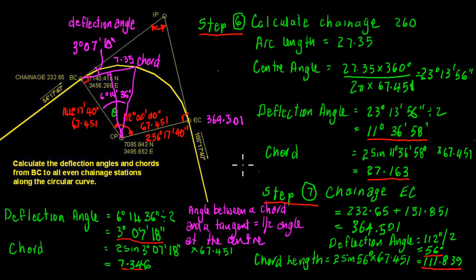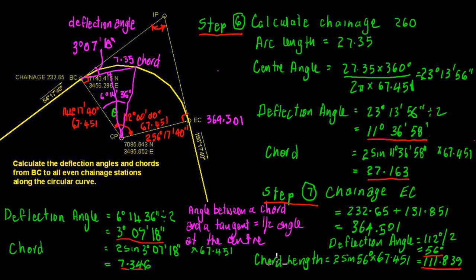Just one step here, the chainage at EC, because that's where we're going to end this story today, and then we'll carry on along the tangent there. So 232.65 here, plus the arc length, which we worked out on the previous slide, 131.851, gives us 364.501. So that would be the chainage at EC. And the deflection angle, because we've got 112 divided by 2, would be 56.